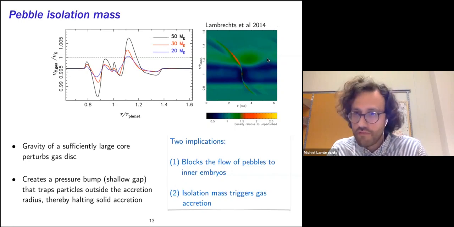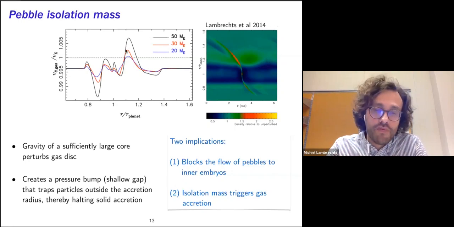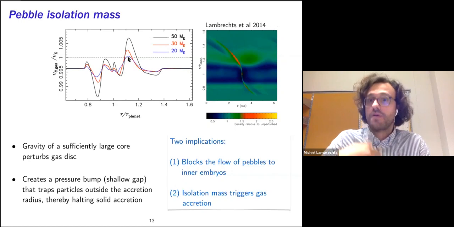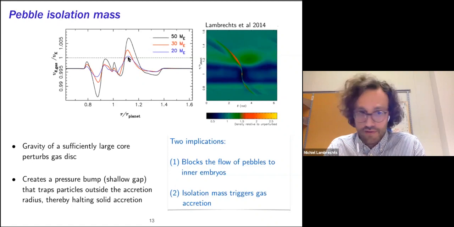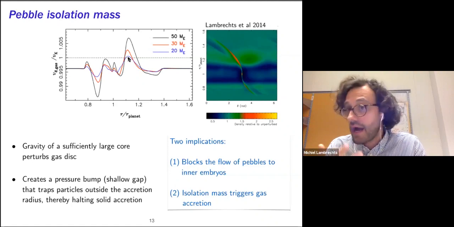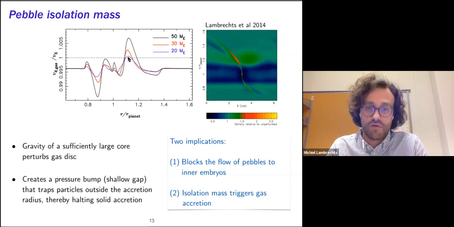And this shallow gap also perturbs the gas velocity. And it perturbs it in such a way that when it is originally subkeplerian, it basically gets pushed up to Keplerian velocities. And that takes away the reason for particles to radially drift inwards and thereby halts solid accretion onto the core.